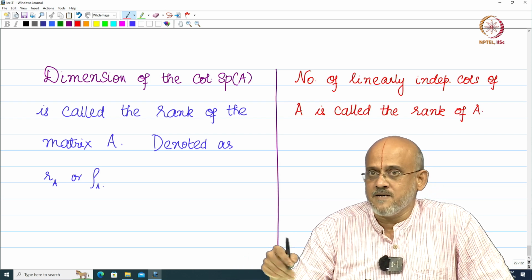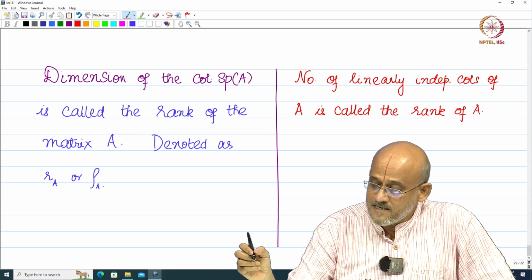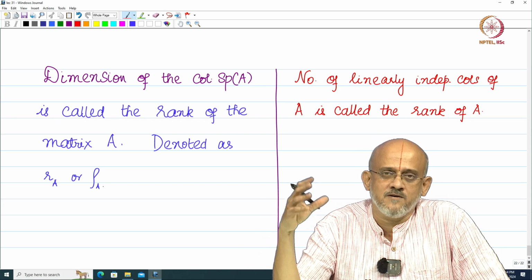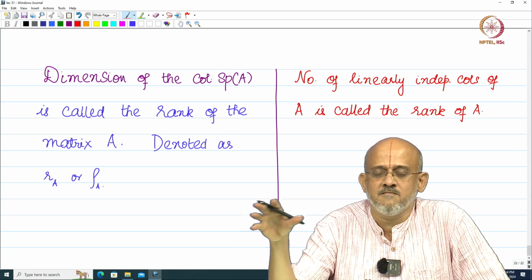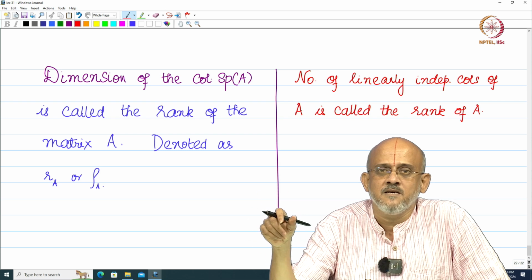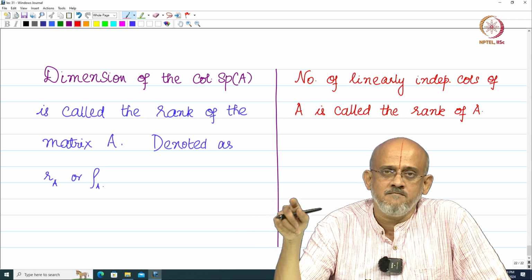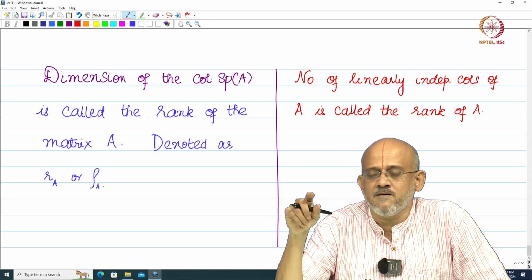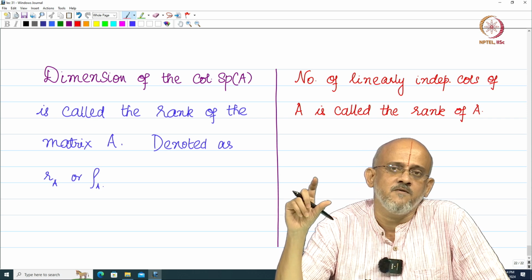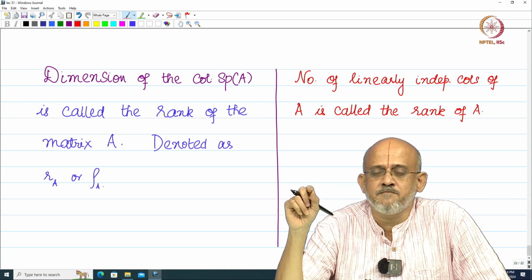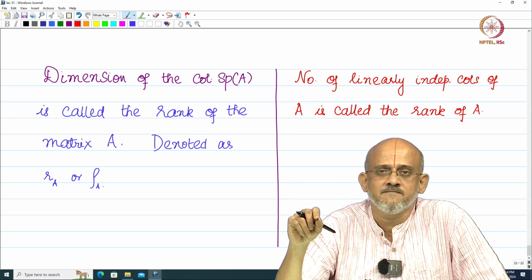And something more. Whenever you have dependent columns and you try to do the row reduced echelon form, we also get the idea of pivot variables and free variables.